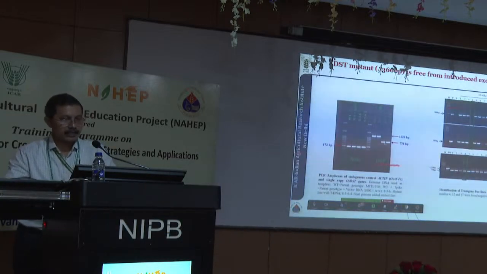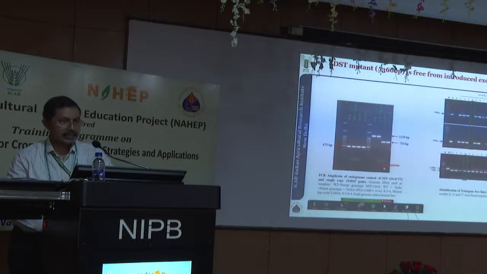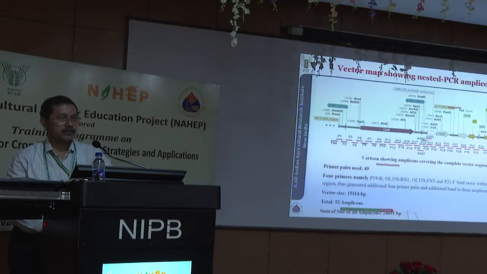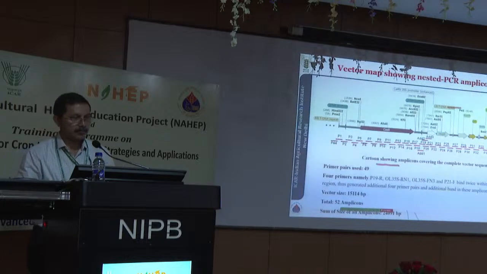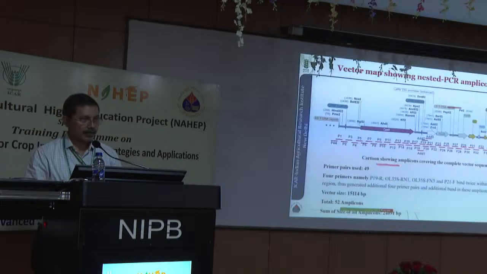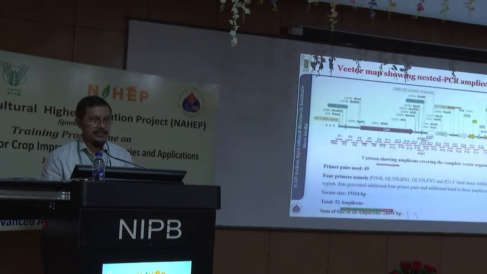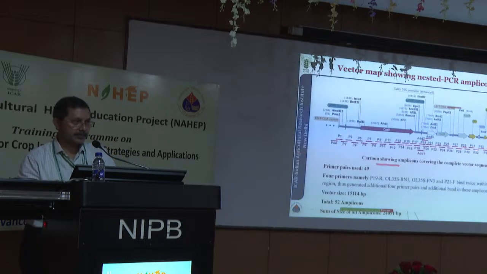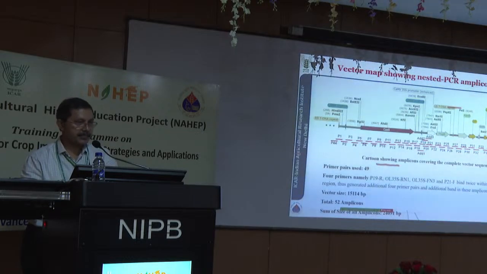So we showed that this actin and DSD can amplify from this one, and to show that the mutant is free from introduced exogenous DNA, we should do an overlapping PCR. Each PCR amplicon should be 500 base pair or less in size, and the amplicons should overlap at least 50 base pair.